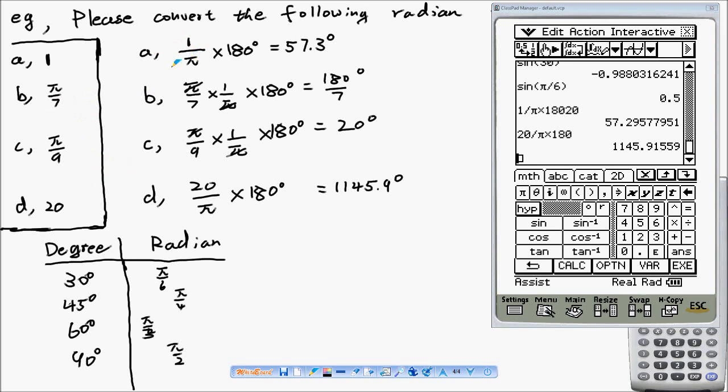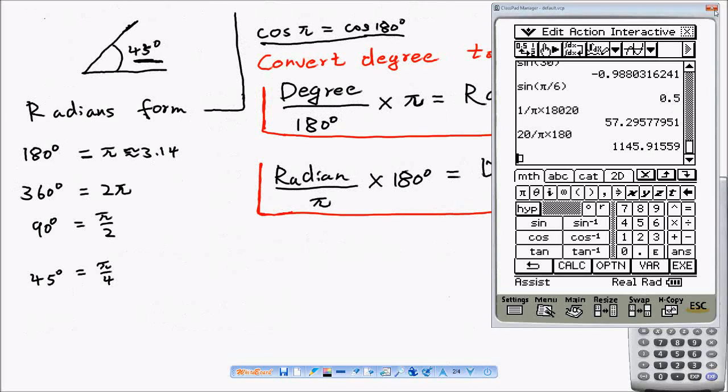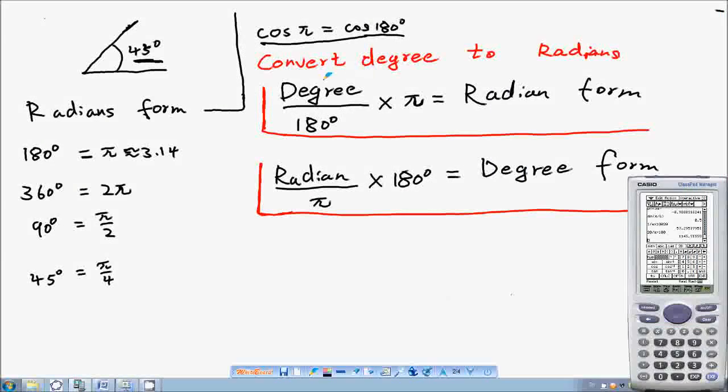Sometimes they ask you to convert something like 32.5 degrees to radians form, and we convert it by using the formula.